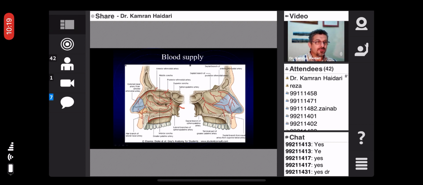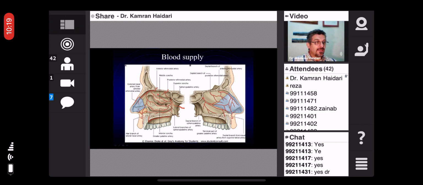This artery is divided into branches. You can see the septal branch of the sphenopalatine artery, lateral branch of the sphenopalatine artery for supplying lateral wall and the medial wall.